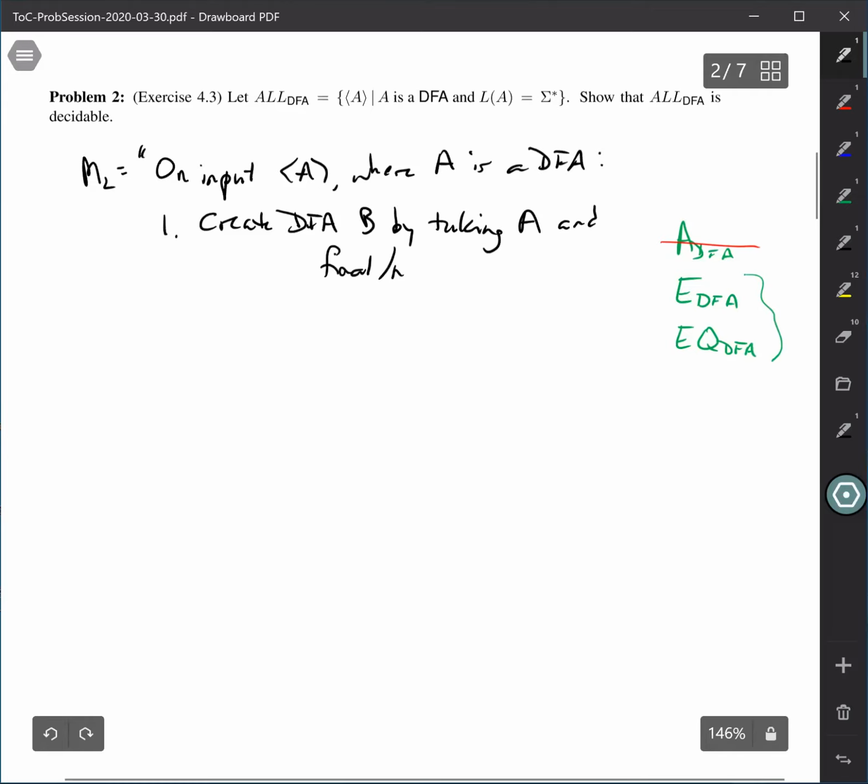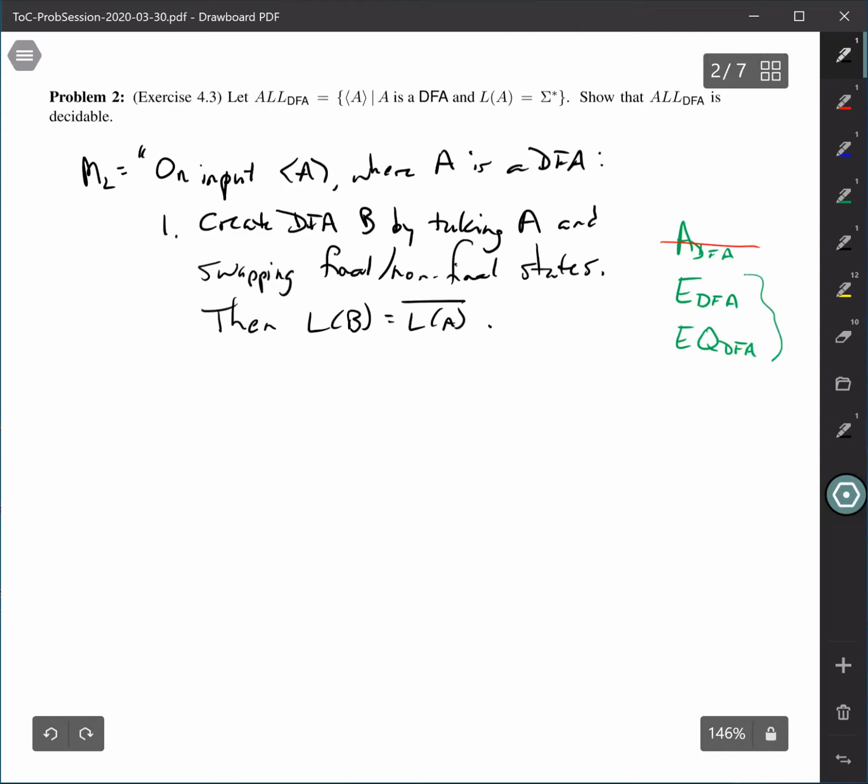I like your word swapping better. So we created DFA B by taking A and swapping final and non-final states.